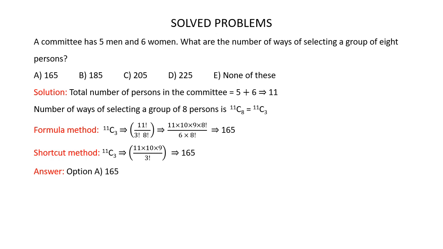Now on solving this, we get the answer as 165. So there are 165 ways of selecting a group of 8 persons from a committee of 5 men and 6 women. So the correct answer is option A, 165.